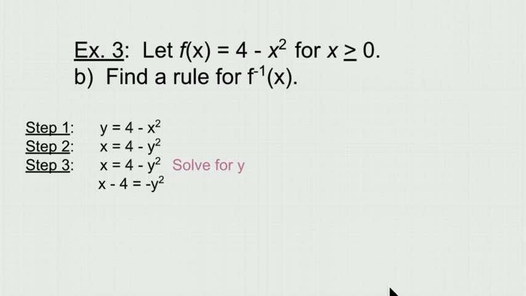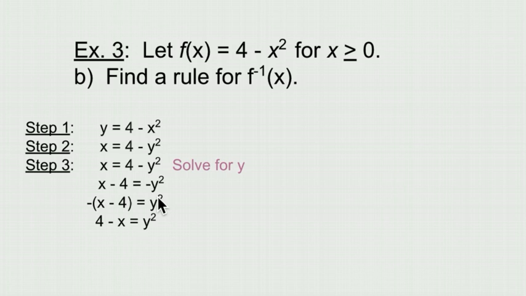What I need to do now is change the sign of both sides. So multiplying each side by negative 1 will result in negative x plus 4 equals y squared, because minus negative y squared, when I distribute the negative sign, will give me positive y squared. That's the same thing as positive 4 minus x.